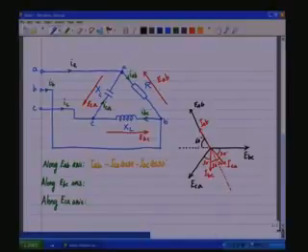So, IAB cos 60 has a projection on this axis, and then ICA cos 30 has a projection on this axis. IBC has no contribution because it is orthogonal to the EBC axis.